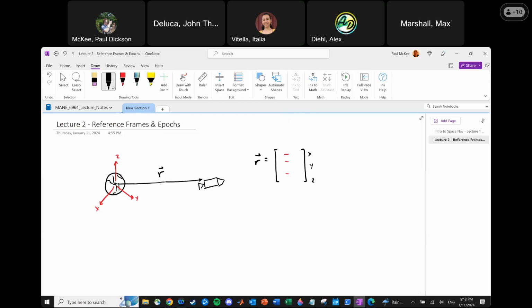So, navigation means determining your state.